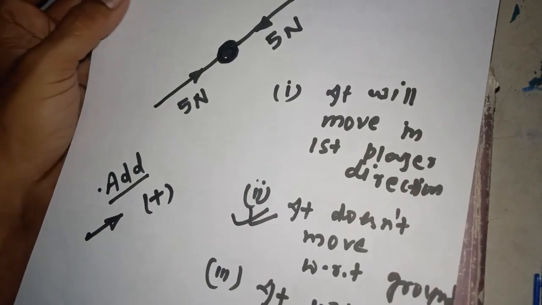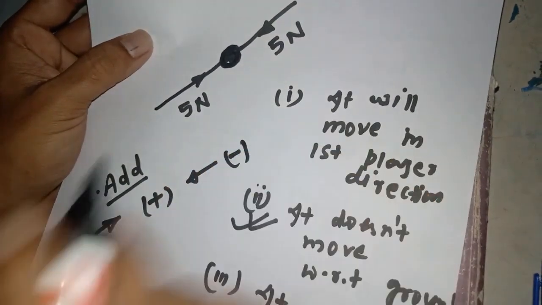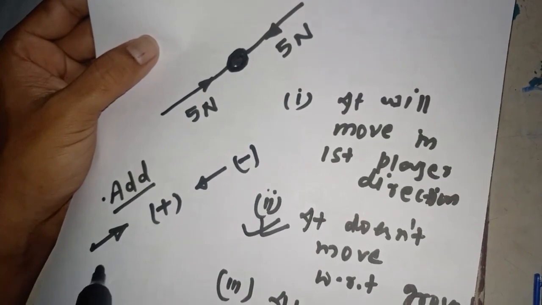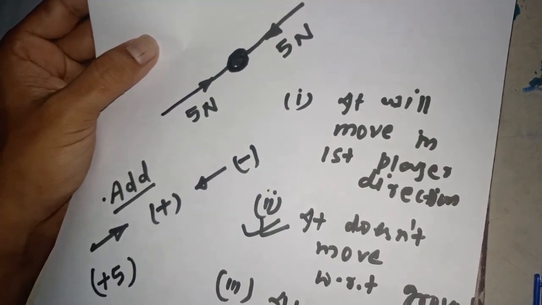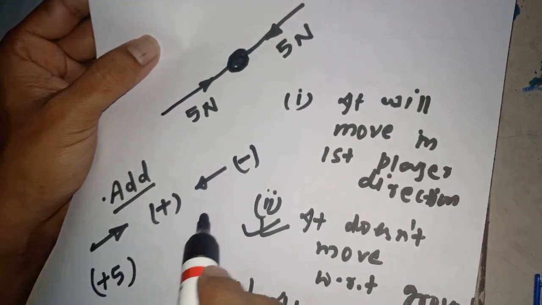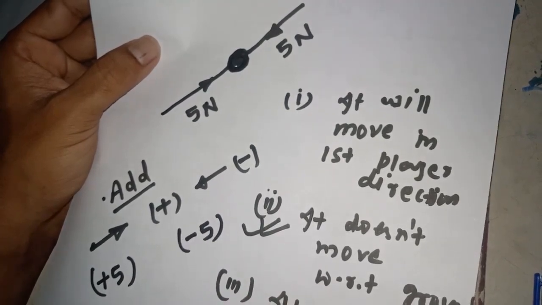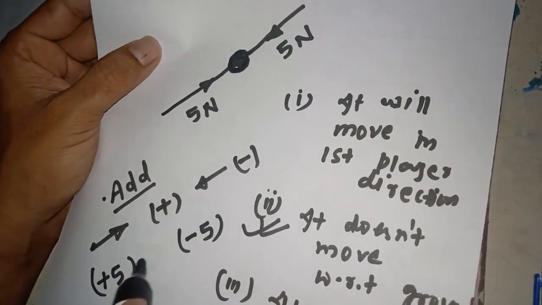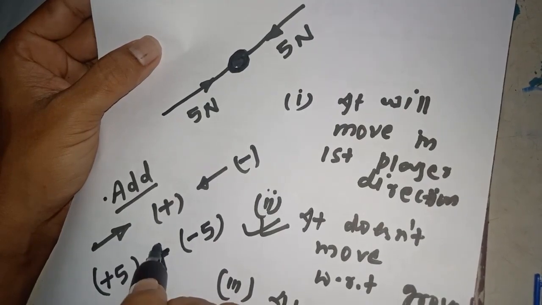As I already said, direction can be written as positive or negative, and this direction as negative. So the first player gives a force of plus 5 Newton, and the second player gives a force of minus 5 Newton. Have you got my point? Now the combined effect of two forces at the same time on the ball becomes the plus of the two forces.